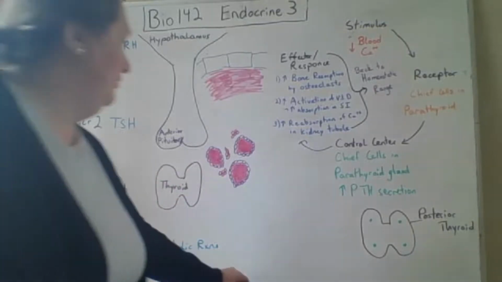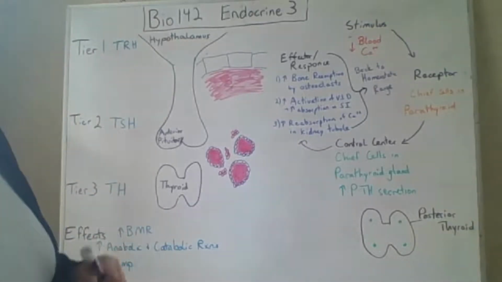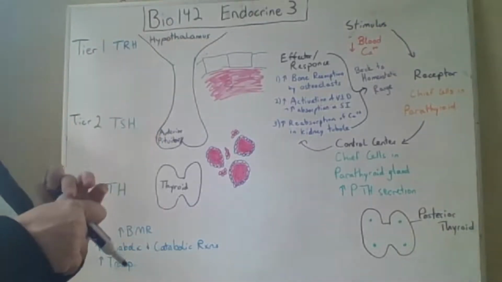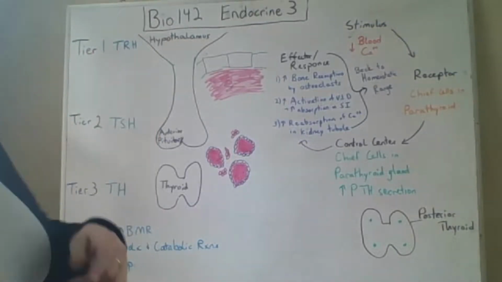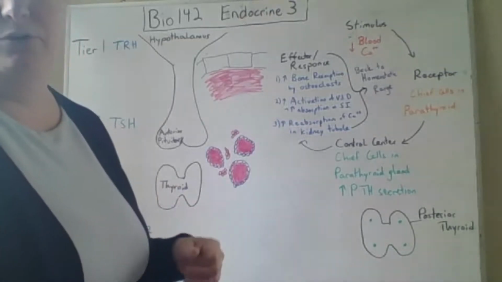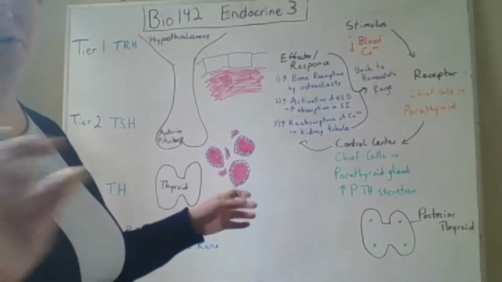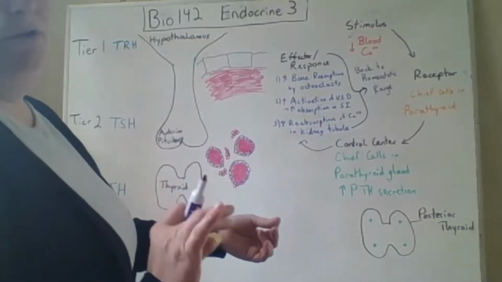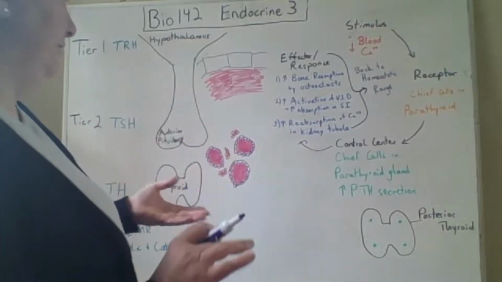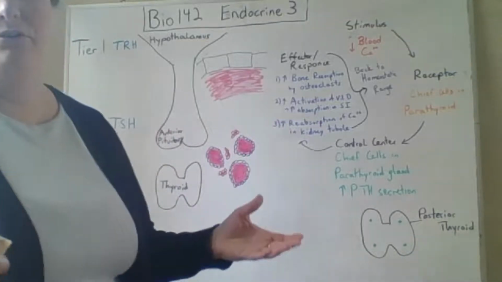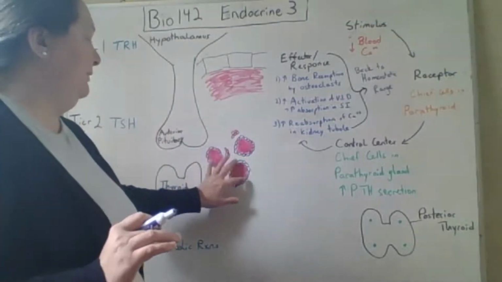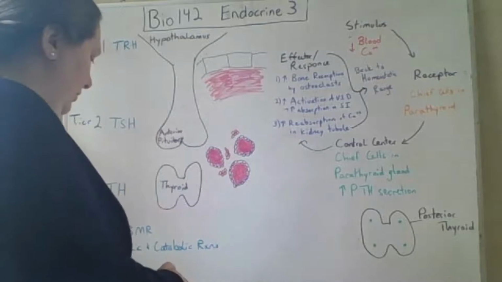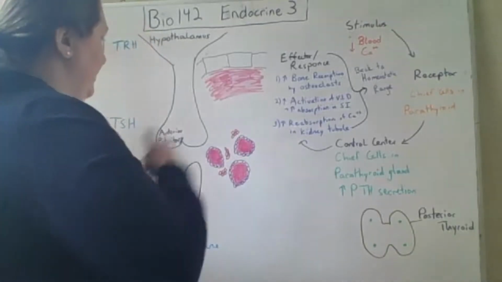How about the histology of the thyroid gland? I'll show you on here, and then I'll show you a picture from the book. Now, the slides in lab look quite different sometimes than the book. Not all of them, but a few of them. So if you get to see any in lab, some of them may look a little bit different. But in general, the thyroid gland has bright pink colloid.